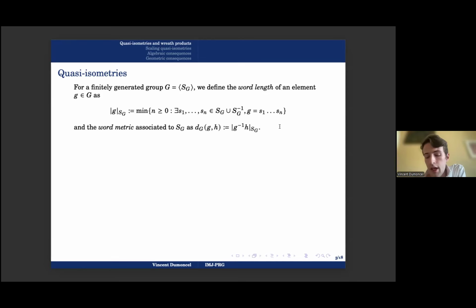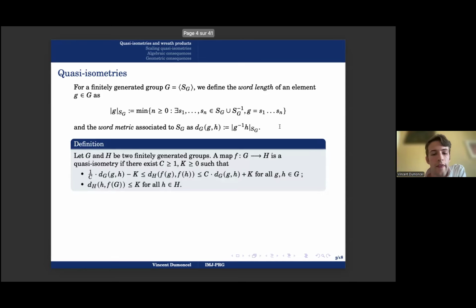And so now that we have this metric structure, we can look at the family of maps that preserves this structure. So you fix two finitely generated groups with fixed generating sets, and you call a map F between G and H a quasi-isometry if it does not need to preserve the distances, but it does not deform too much the distances between two images, okay?